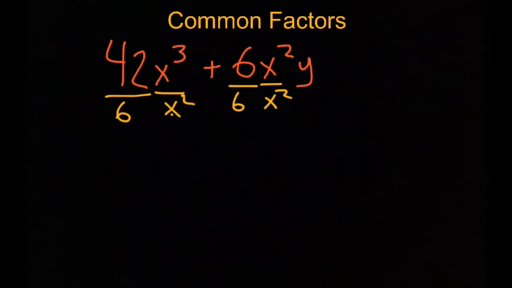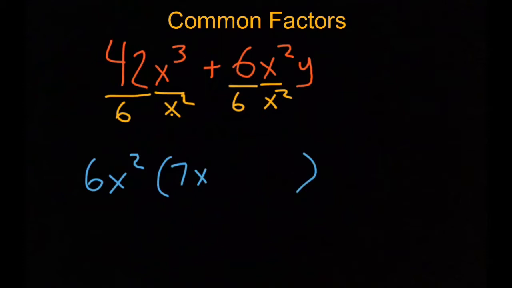So what we're left with is 6x squared in front of brackets, and 42x cubed divided by 6x squared leaves us with 7x. And 6x squared y divided by 6x squared leaves us with just y. So this would be our answer.